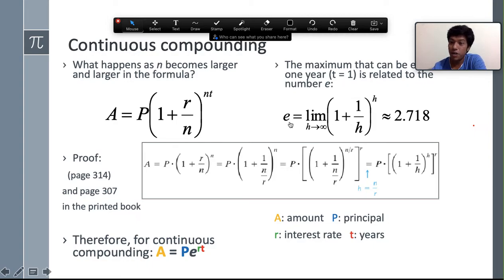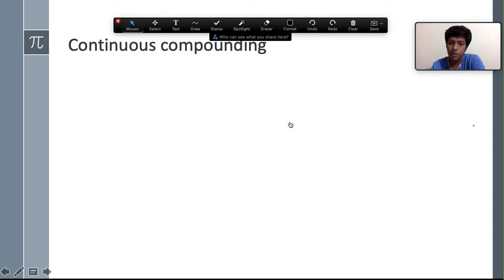That is why it is called natural growth. Anyway, long story short, if something grows continuously, let me go back.